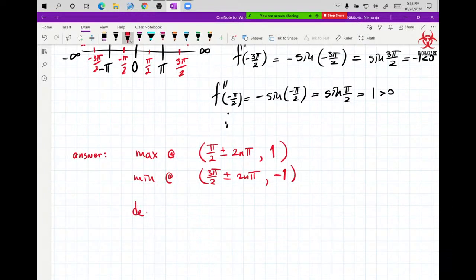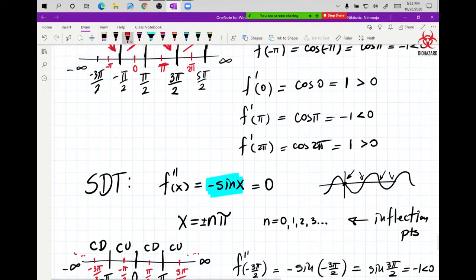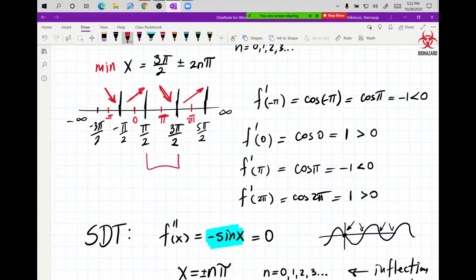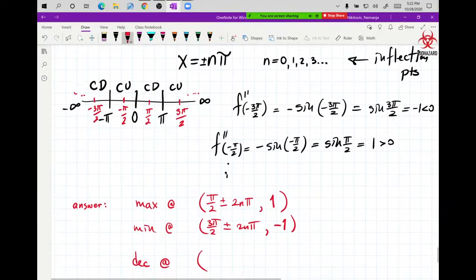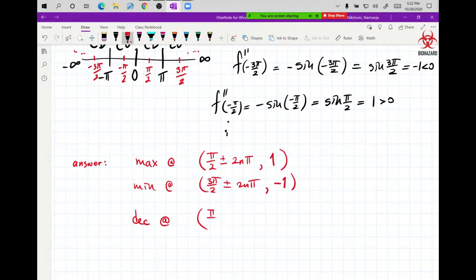Then we're going to take a look at the decrease. So decrease happens at all of these intervals. Now, go and pick the basic decrease and make sure you put those n pi's in there. So we have pi over 2 plus minus 2n pi, comma 3 pi over 2 plus minus 2n pi.